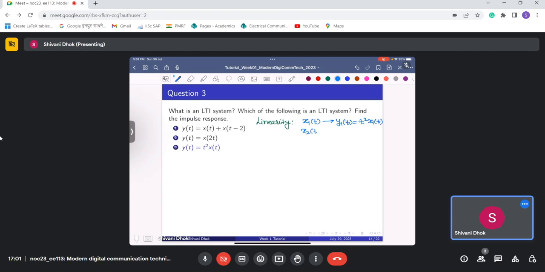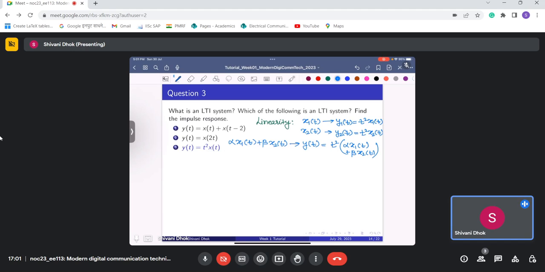Similarly, x2(t) has output y2(t), which is t square x2(t). So if I have a linear input, alpha times x1(t) plus beta times x2(t), then this gives me an output y(t) equal to t square and this entire input, alpha times x1(t) plus beta times x2(t).